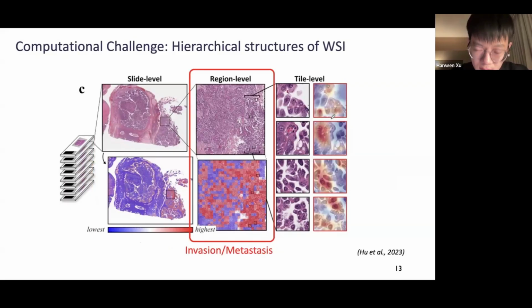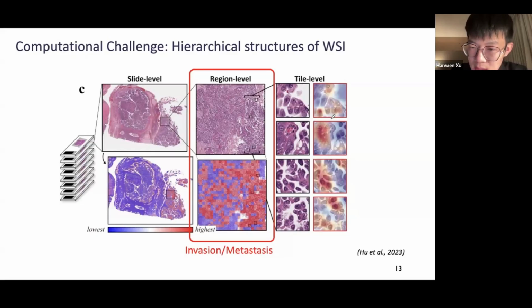Another perspective is region-level features. The relevant task is invasion pattern or metastasis pattern identification. For example, we need to know how the cancer cells spread into the adjacent structures. So here the region-level features come in.